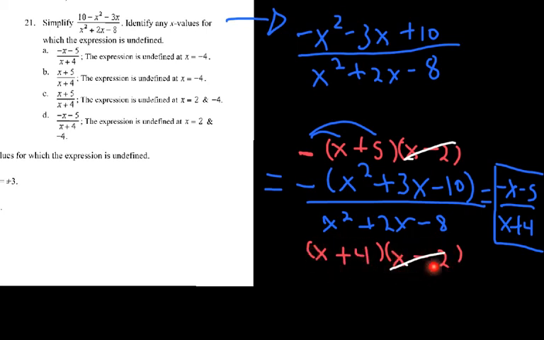And if you look at the x, if you plug in a positive 2, that's also going to give you a 0. So positive 2 and negative 4 don't work. So those numbers are undefined. They use the word undefined. D. Positive 2 and negative 4 are undefined.